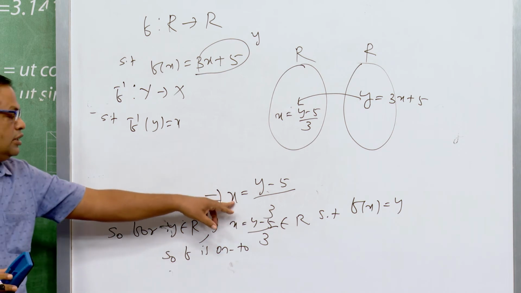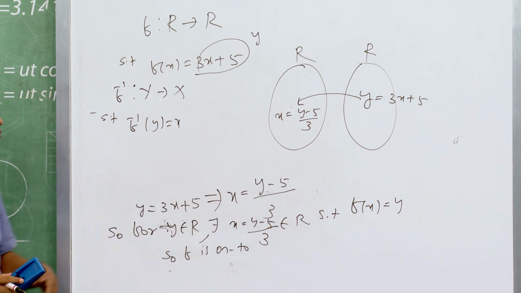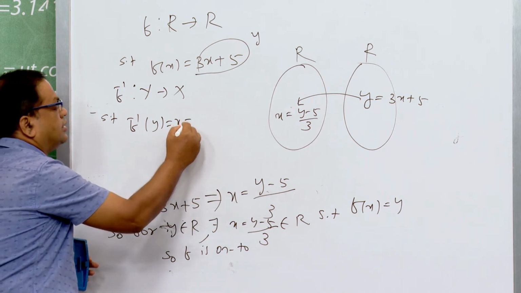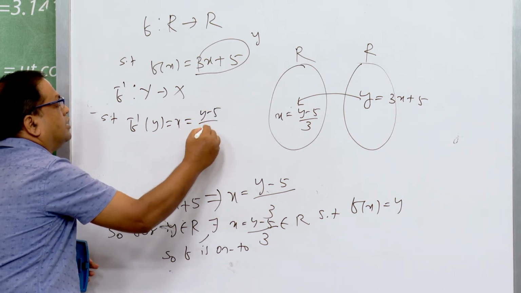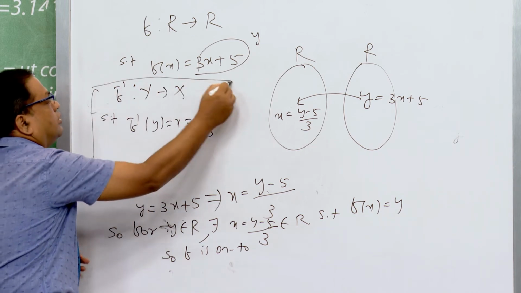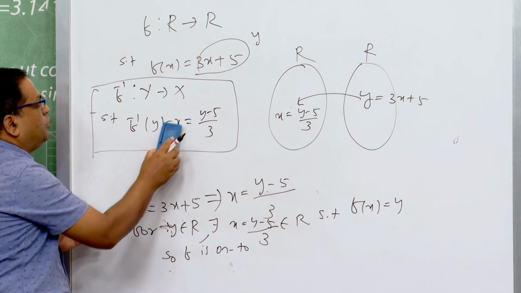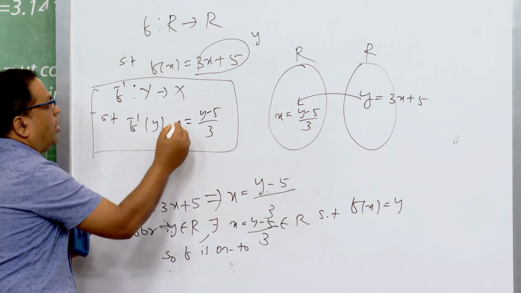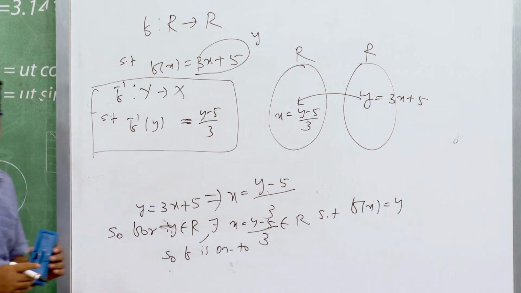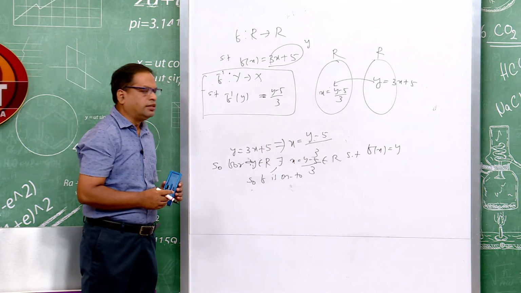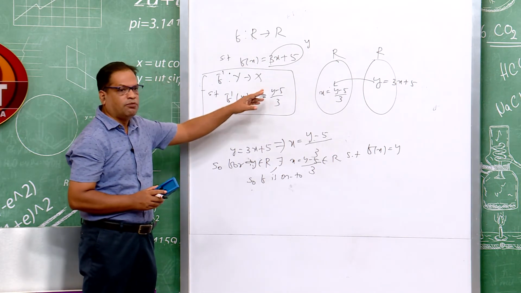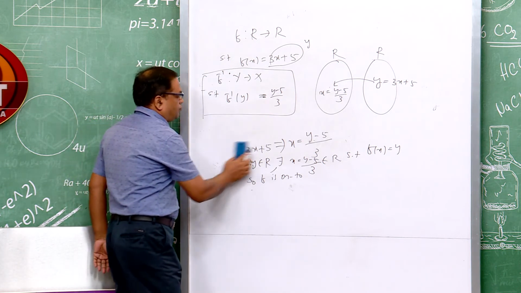Already we have obtained the value of x, that is (y minus 5) by 3. This is actually your inverse function. f inverse of y is equal to (y minus 5) by 3.